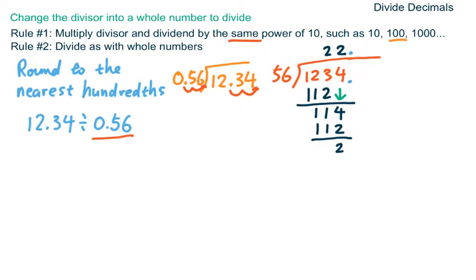Alright, so I will continue to add a 0 here, bring it down. Now, there's not enough to divide because 56 doesn't go into 20, so we add another 0 and continue dividing.